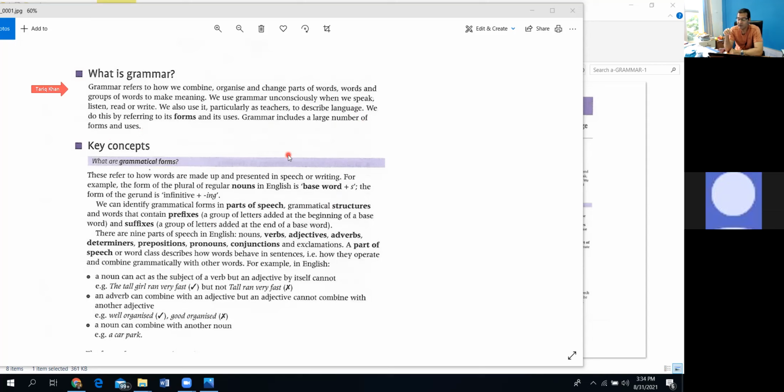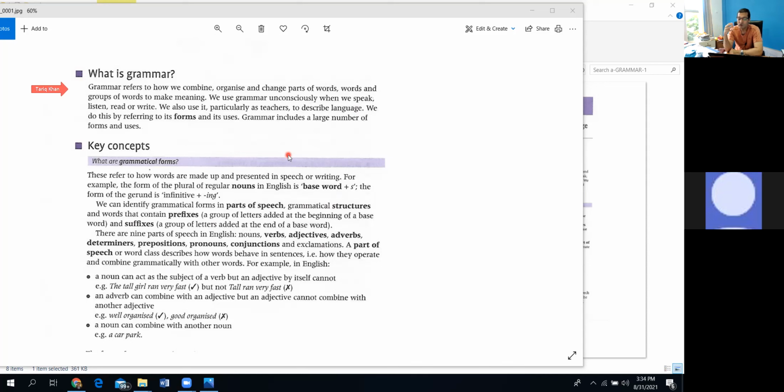We do need grammar. If it is one word we say, even that is in the grammar. If I ask you, what are you doing there? And you say reading. So you said one word, but that one word is a verb. Verb is a part of speech, which is an aspect in the grammar.